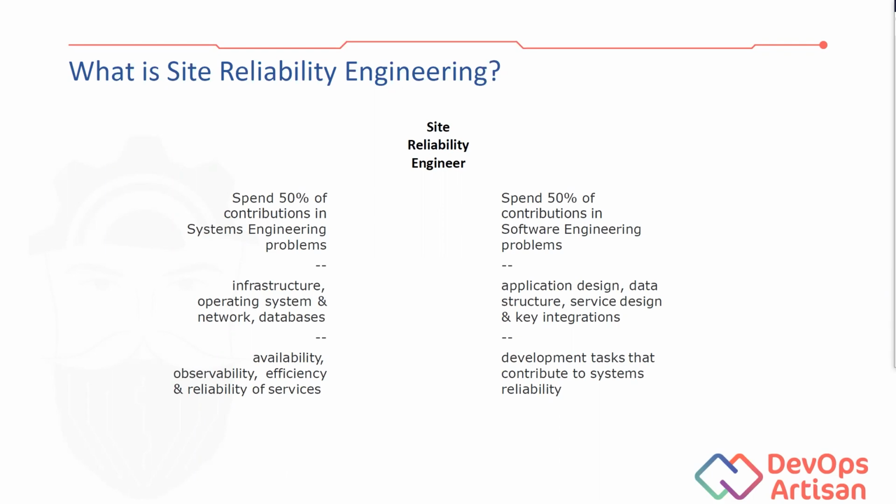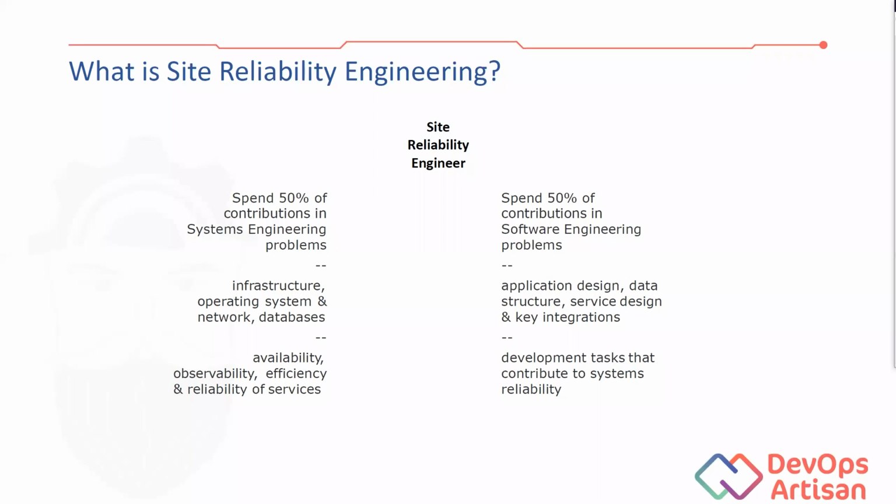From the point of view of Google's model, 50% of the time an SRE has to focus on engineering problems like infrastructure, networking, databases, to improve the availability, observability, efficiency, and of course the reliability of those services. And the other 50% to focus on software engineering problems, right?